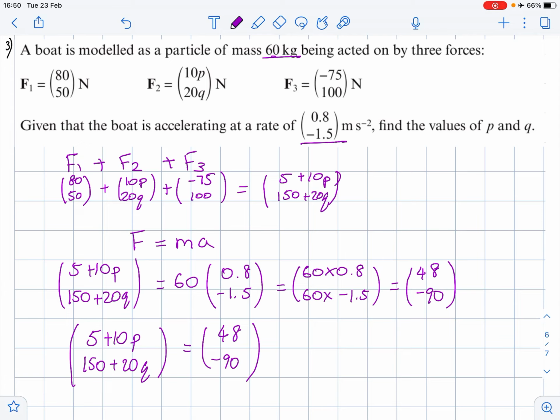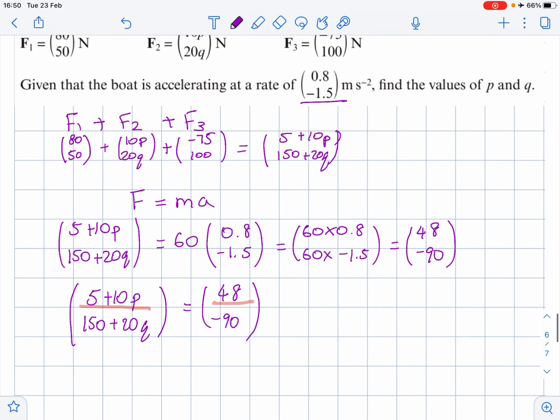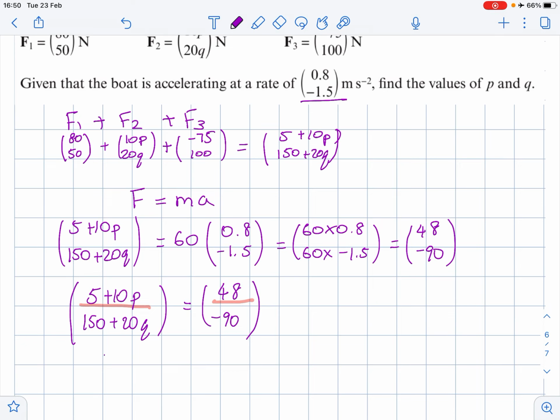Remember, these are equal, and this is our i component. So those two will be equal. 5 plus 10p is equal to 48. Therefore, 10p is equal to 43, so p is equal to 4.3.